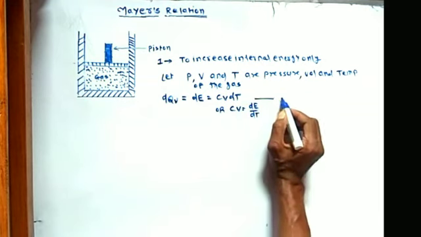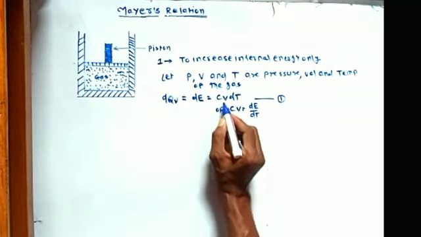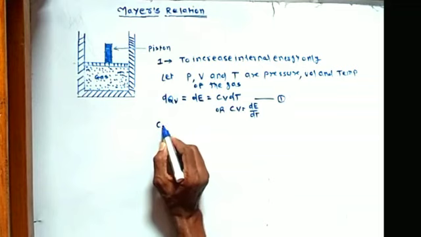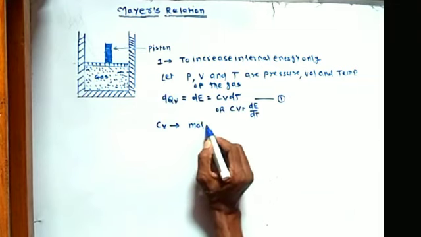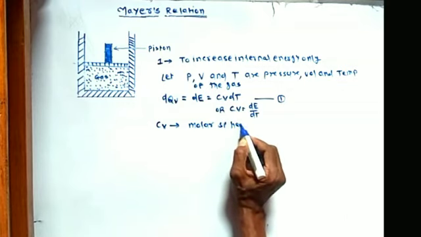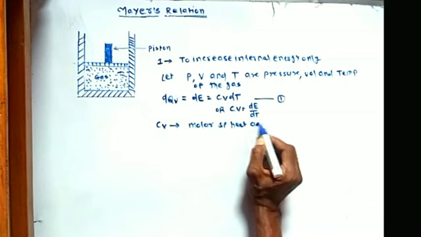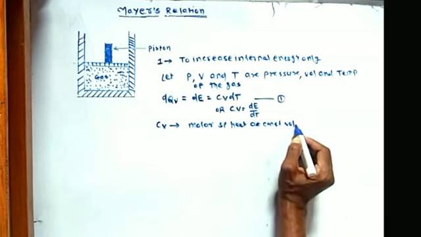This is our first equation, where Cv is the molar specific heat at constant volume.